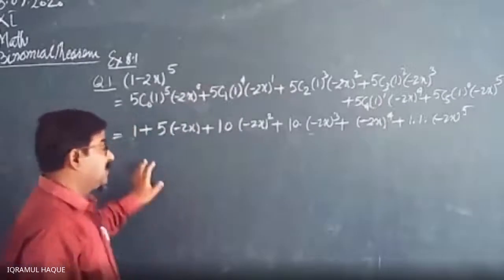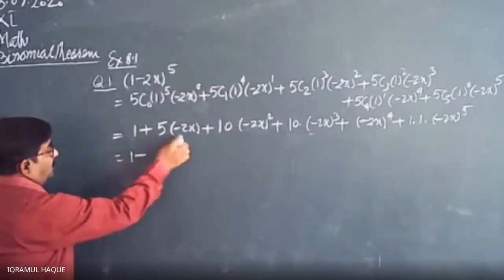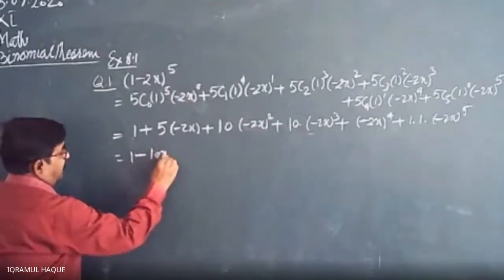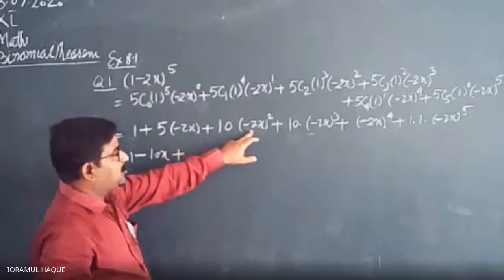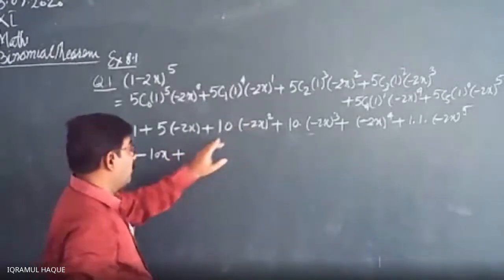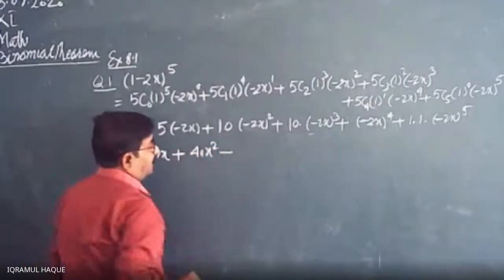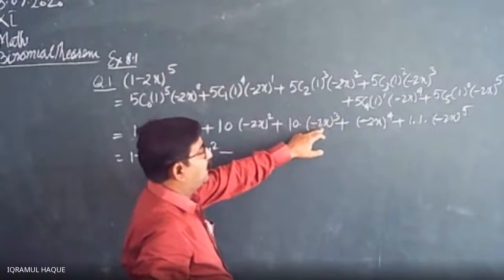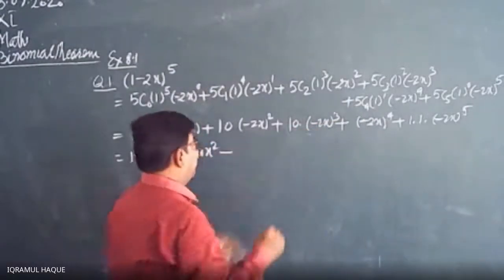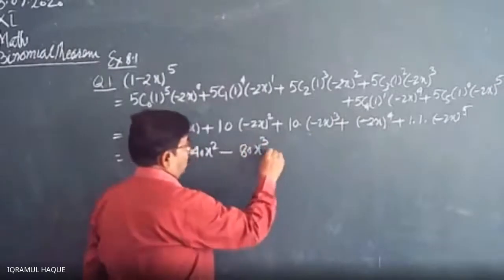Now let's get the values. This is 1, plus 5 into minus 2x, that is minus 10x, plus (minus 2x) whole square, that is 4x square, 4 tens are 40, so 40x square. Minus, see, this is negative and the power is odd: 2 cubed is 8, 10 eights are 80, so minus 80x cube.